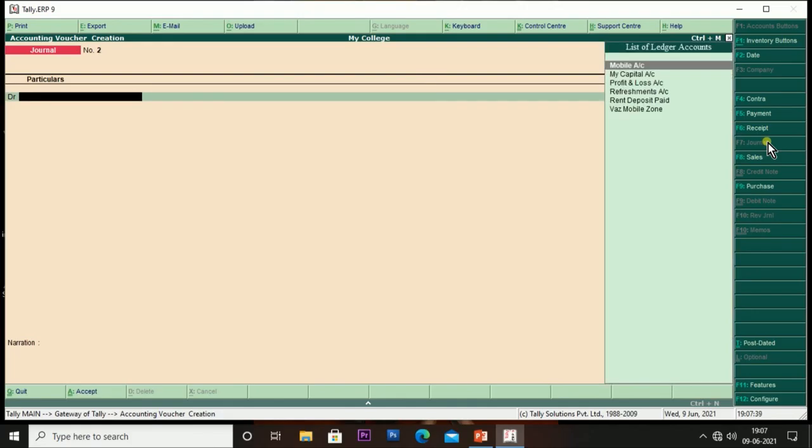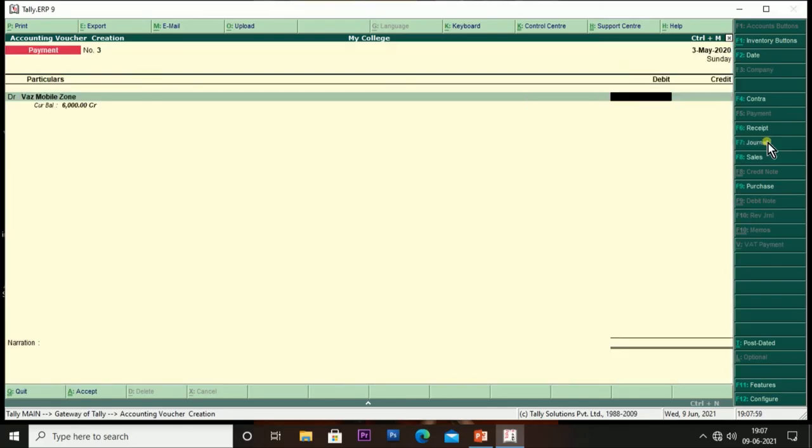Now one more concept. Journal is used for adjustment entries. Maybe you go to Vas Mobile to pay the amount. Vas Mobile Zone's 6,000 rupees is pending, but he will take only 5,800 and leave the 200 rupees as a discount at the time of payment.